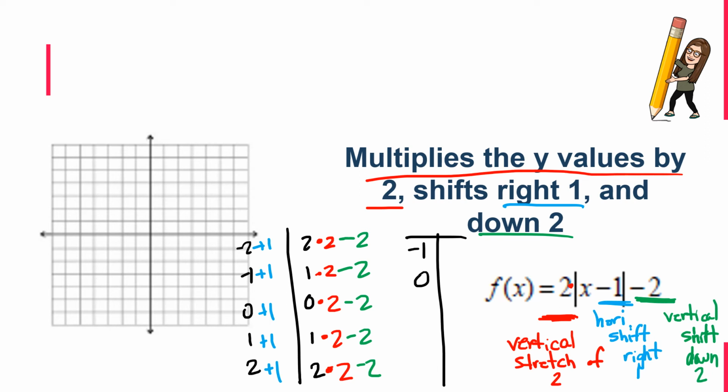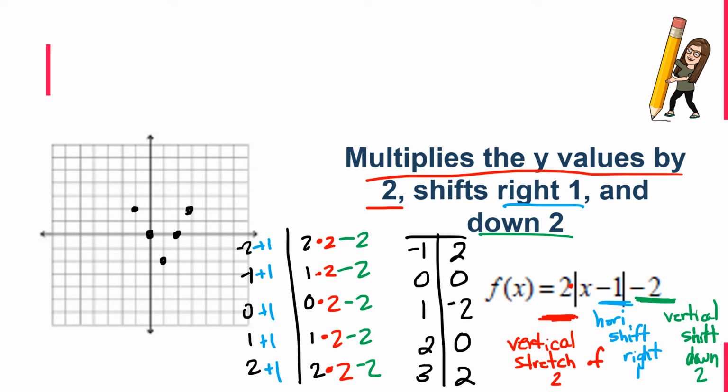So watch what happens here. We just created our final table without having to plug in a lot of table work. I see the symmetry. I can graph my dots. -1, 2, 0, 0, 1, -2, 2, 0, 3, 2.